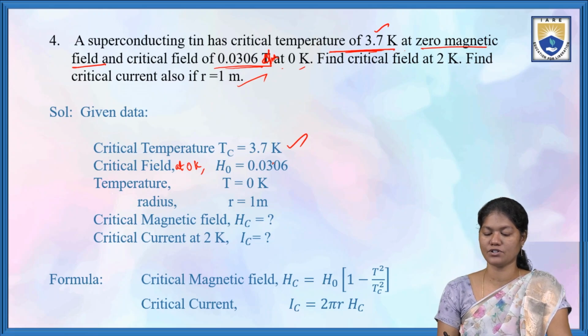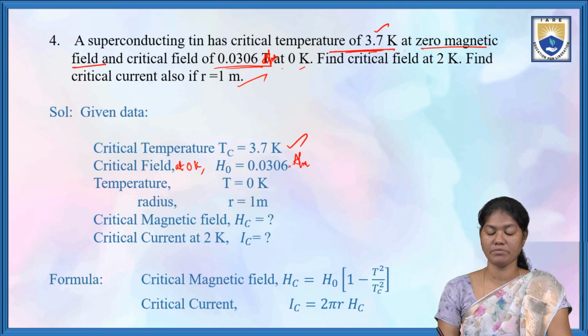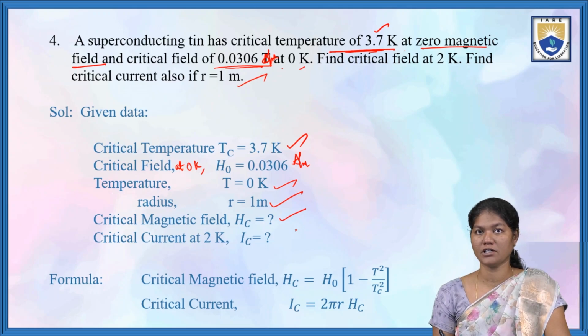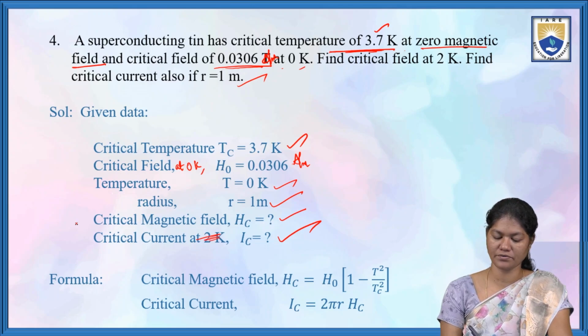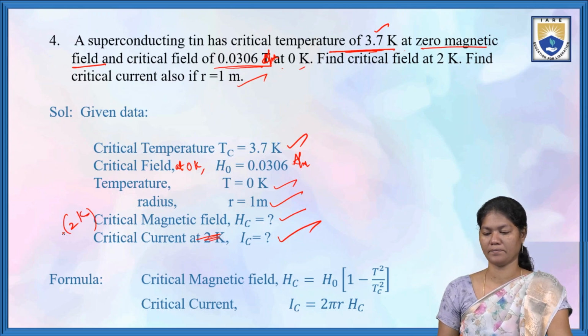Temperature T is 2 degree Kelvin. Radius R is equal to 1 meter. We need to find critical magnetic field Hc and then the critical current for which the radius R is equal to 1 meter.